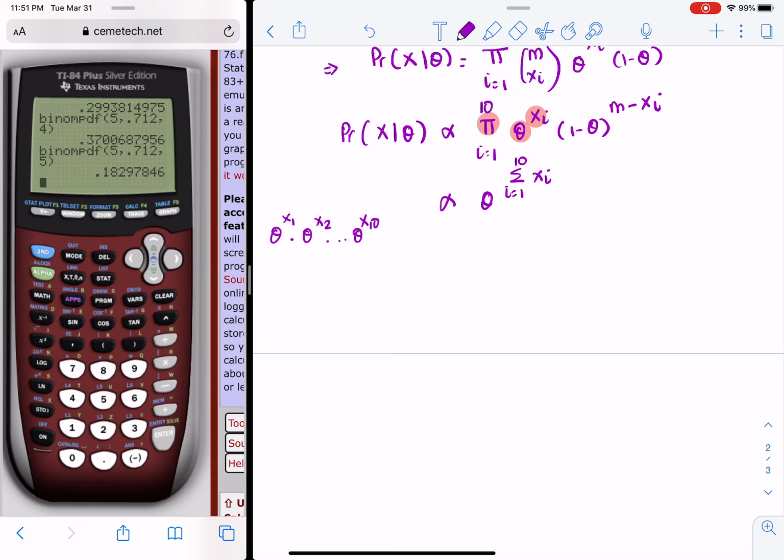The bases are identical, so if I add everything, I have x1 plus x2 all the way up to x10, which is simply that sum right there. In a similar manner, I would have 1 minus theta raised to the sum of m minus Xi over the 10 terms.